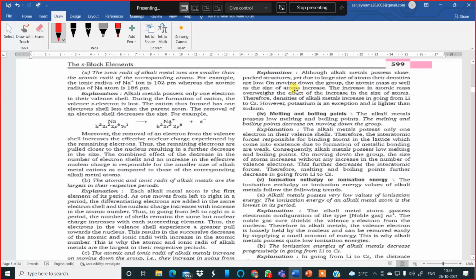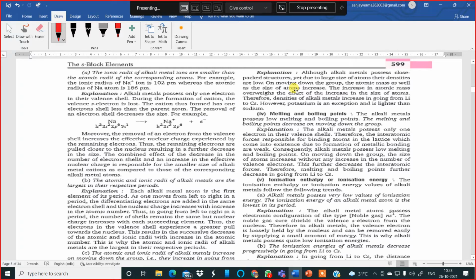On moving down the group, however, the atomic mass as well as the size of the atom increases. This increase in atomic mass outweighs the effect of the increase in the size of the atoms. Therefore, the density of alkali metals increases when you move from lithium to cesium.